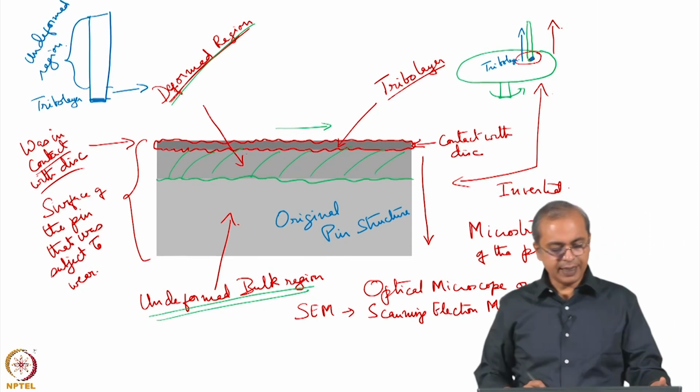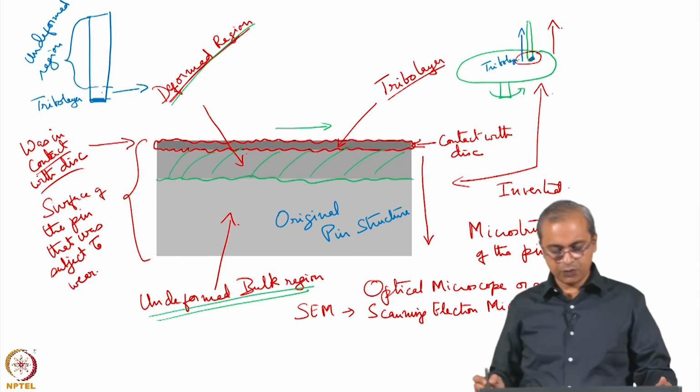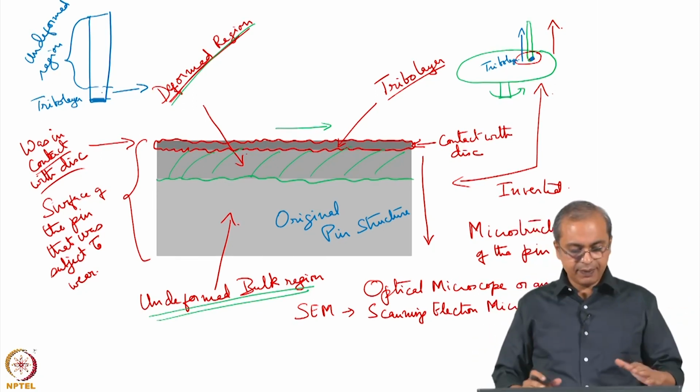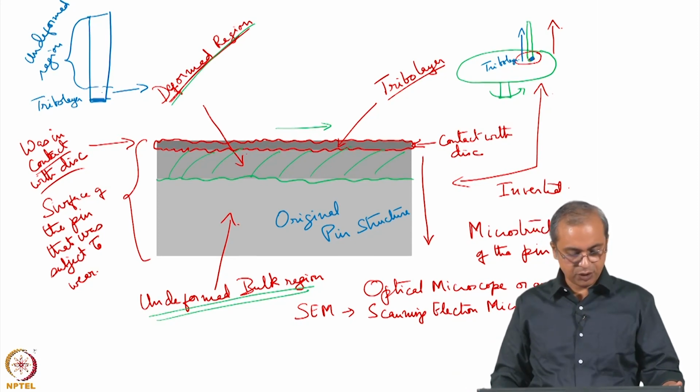So, this is how we get it, and the same thing like I said, we have inverted here, which is what you see. So, this is what we see, and every so often we stop this test, we take the sample and we look for what weight loss has happened, and we see.